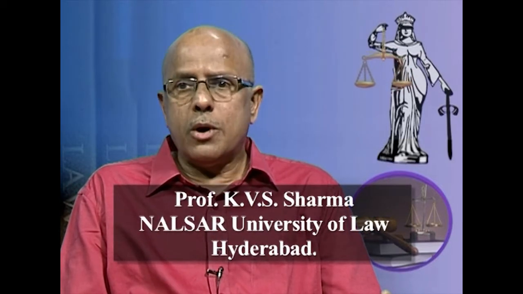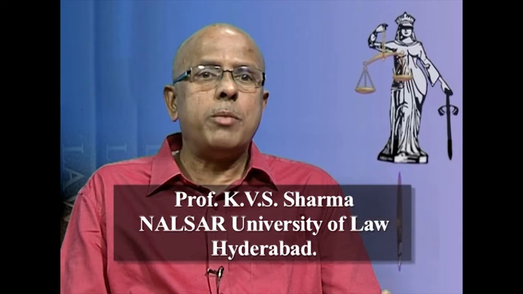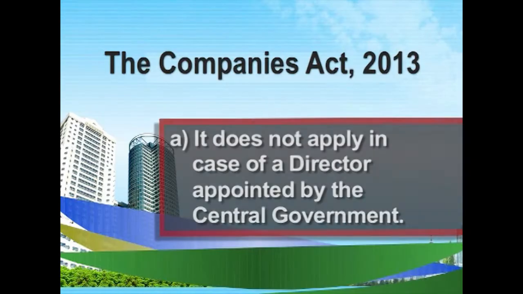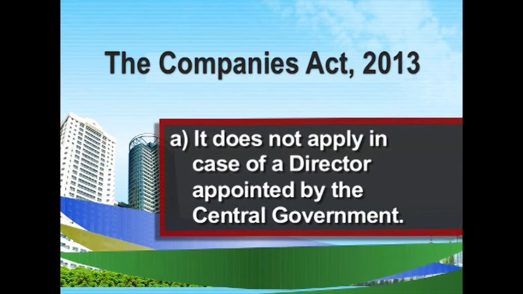The section equally applies to all companies, whether public or private. However, there are exceptions to this section. It does not apply in case of a director appointed by the Central Government.